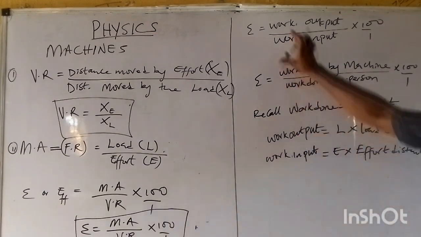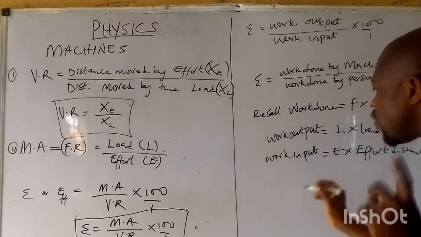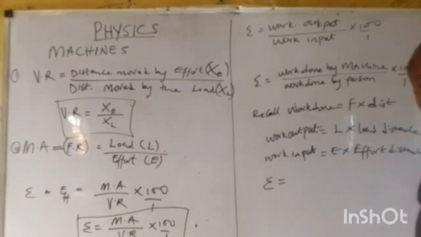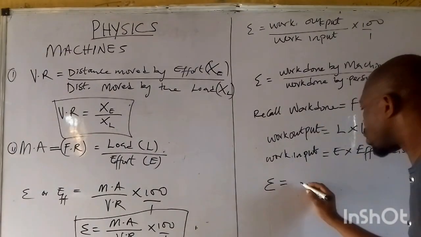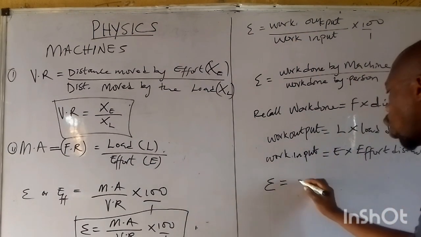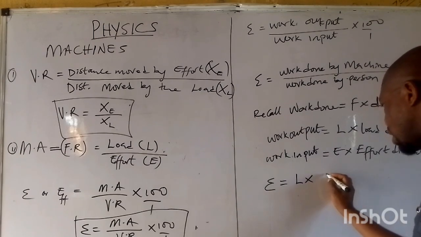In other words, we can now rewrite this equation. If we rewrite it, we now have efficiency is equal to, under work output, load times load distance.